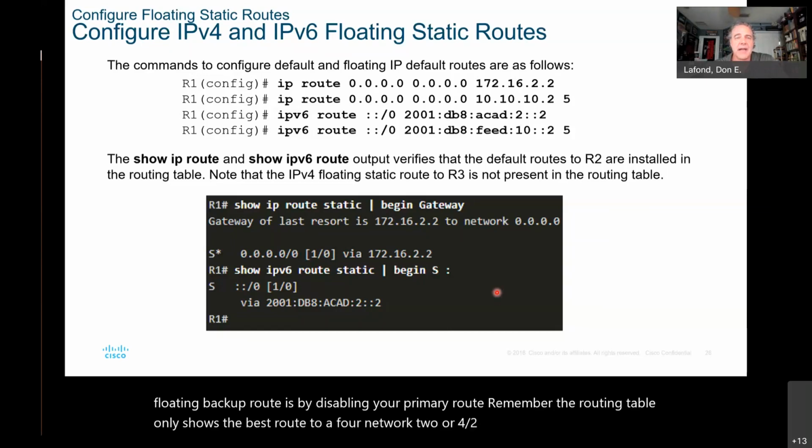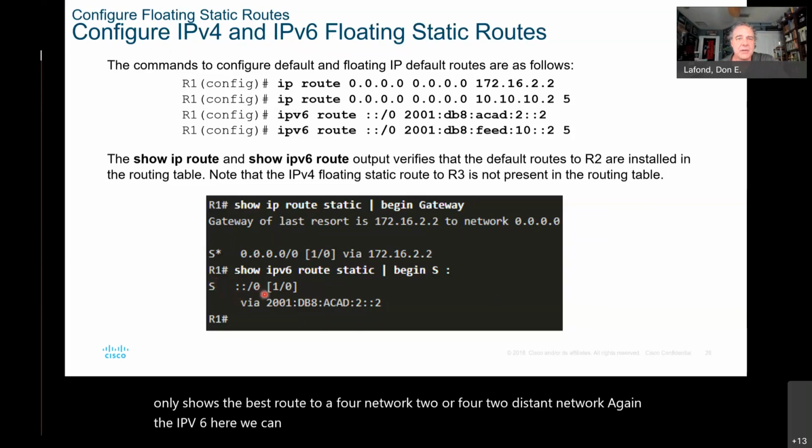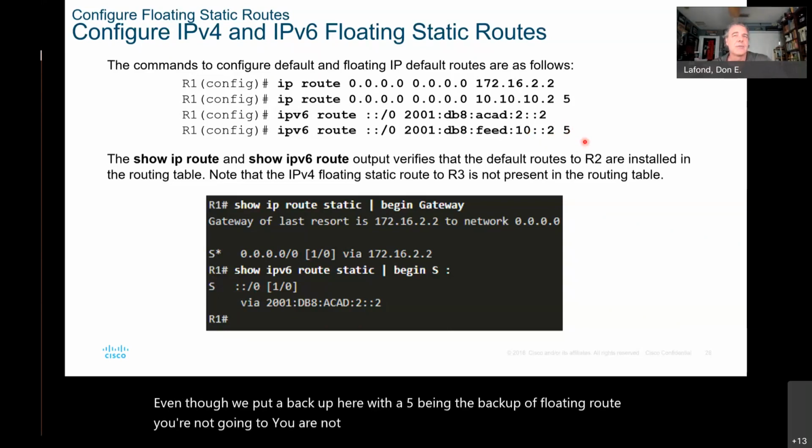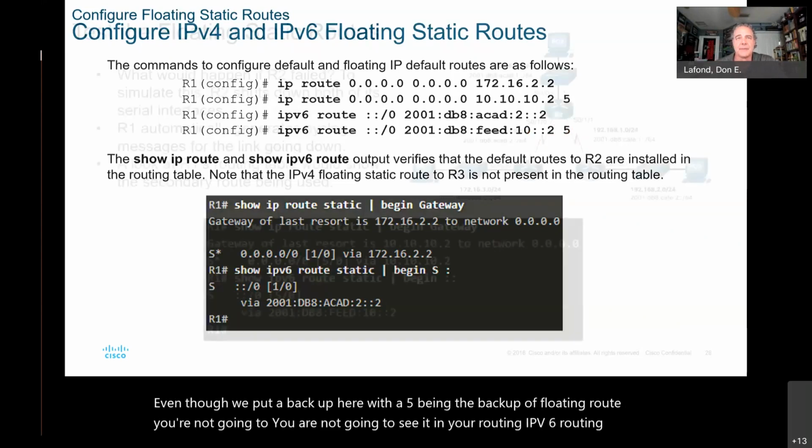Again, in IPv6, here we can see the static route is ::/0. Even though we put a backup here with a 5 being the backup or floating route, you are not going to see it in your IPv6 routing table. You're only going to see the primary.